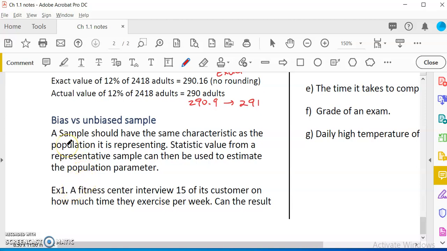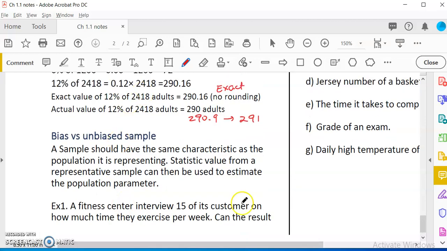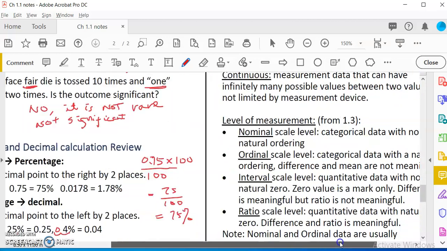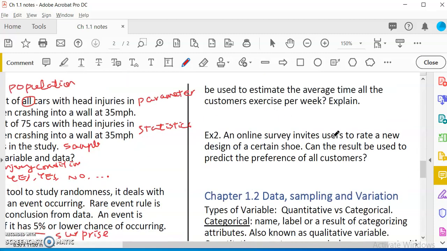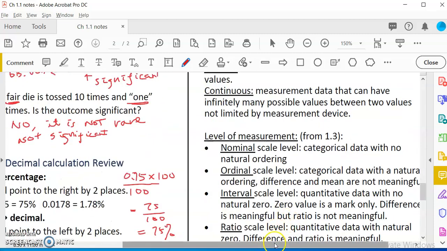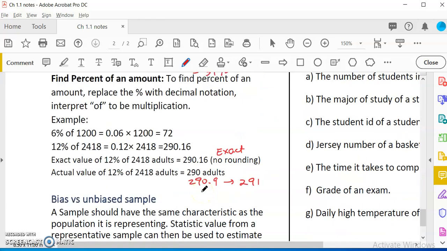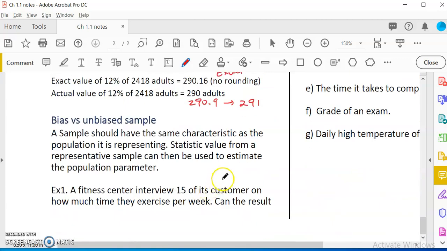In general, I think we have a general guideline saying that for a sample to be representative, the size needs to be substantial, not small.